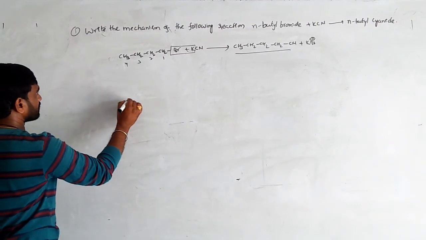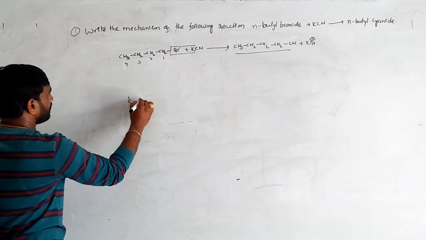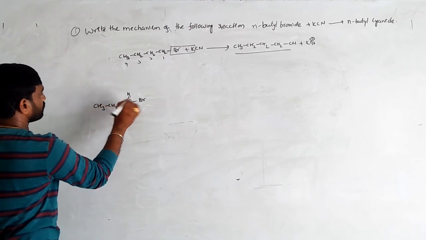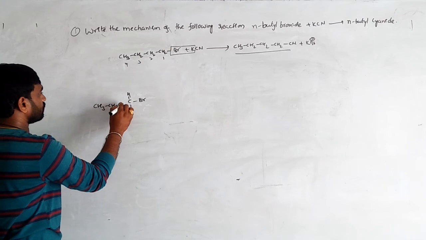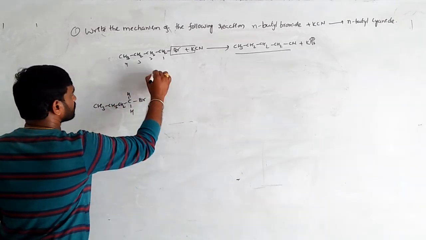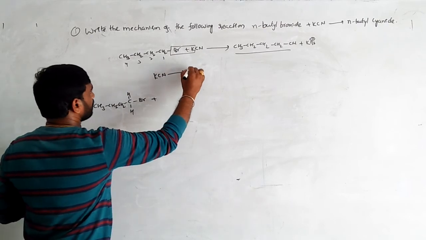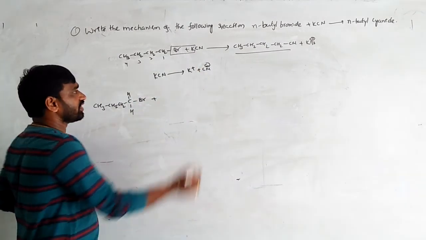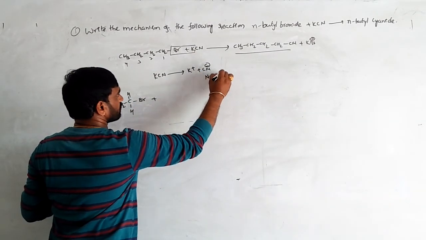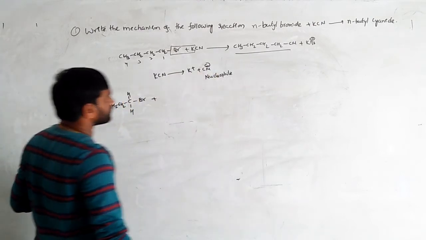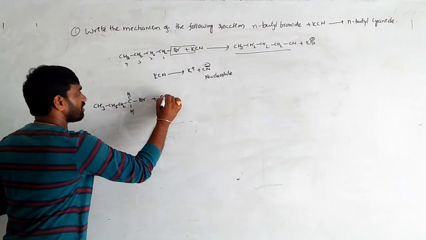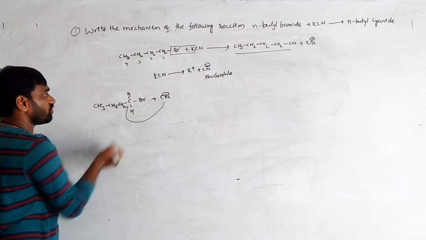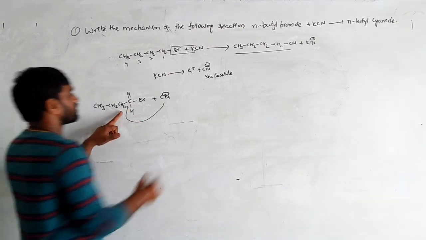For example, N-butyl bromide: write the reaction, CH3CH2CH2CH2Br, which reacts with KCN. KCN dissociates into K plus and CN minus. Here CN minus carries a negative charge and acts as a nucleophile. So what is the nucleophile, students? CN minus. CN minus attacks the carbon on the backside, giving inversion of configuration. So what is the product?